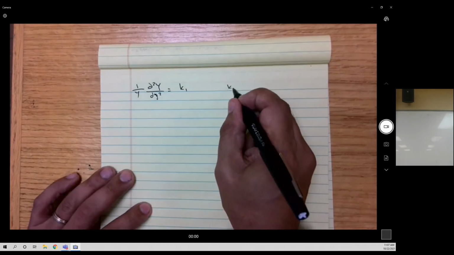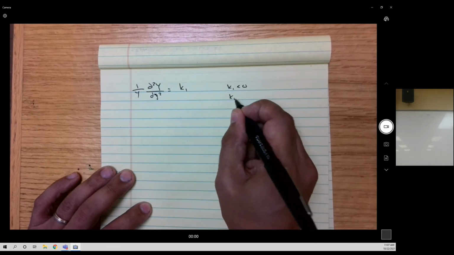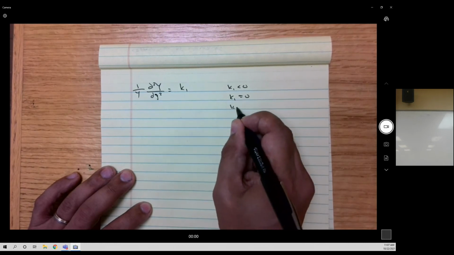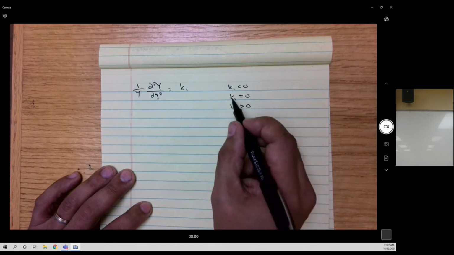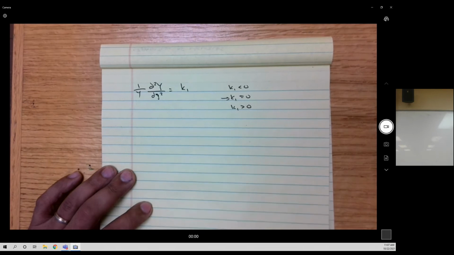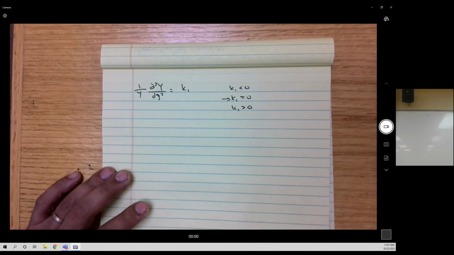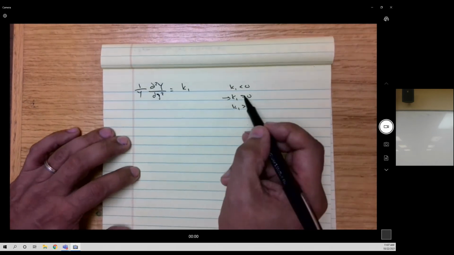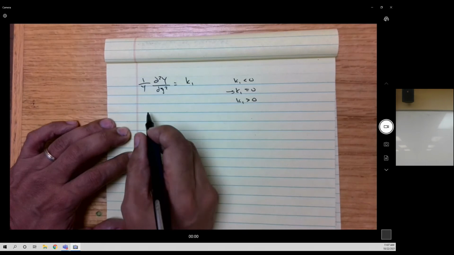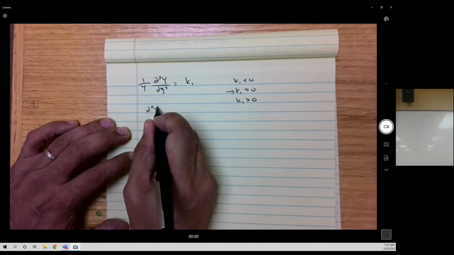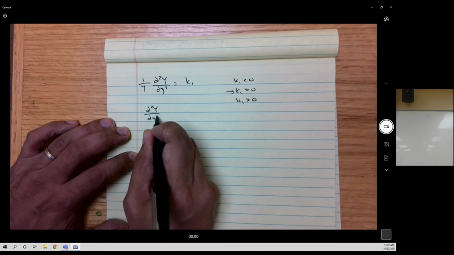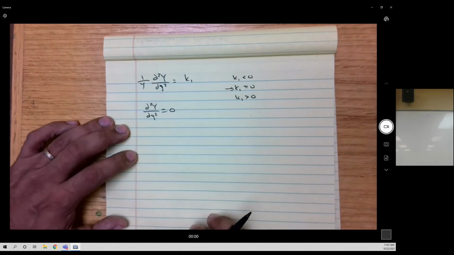Now, K1 can have three different values: it can be less than 0, it can be 0, or it can be bigger than 0. So I'm going to do the one that is easier. What happens when K1 is equal to 0? Then this differential equation gets simplified to something like that.